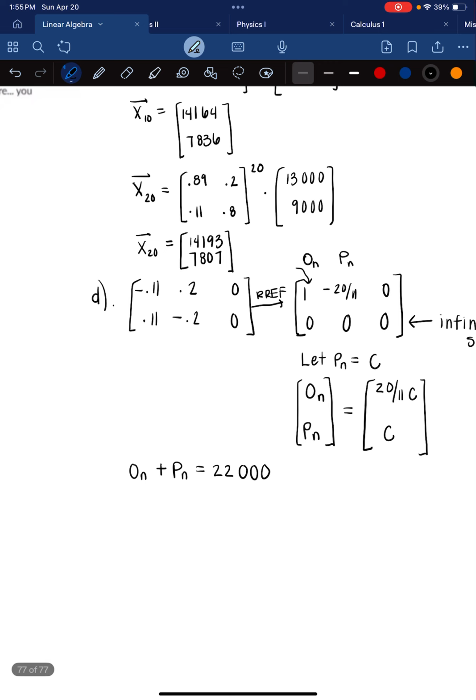Now we plug in our values. So we have 20/11 C plus C equals 22,000.